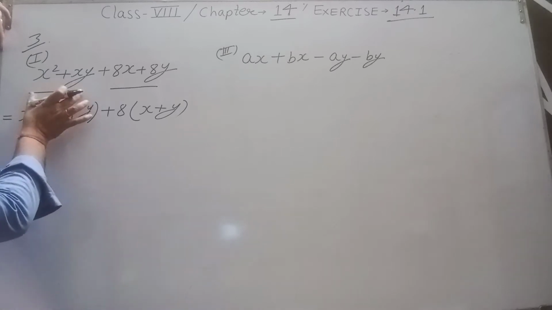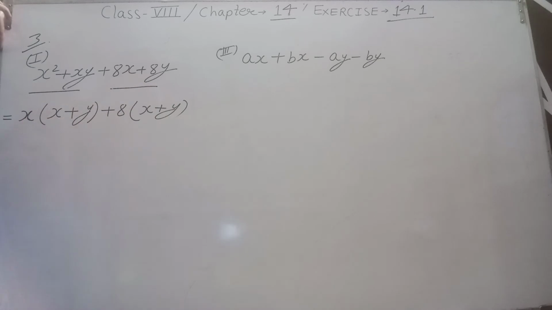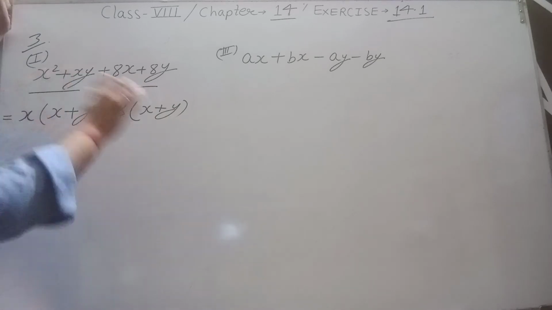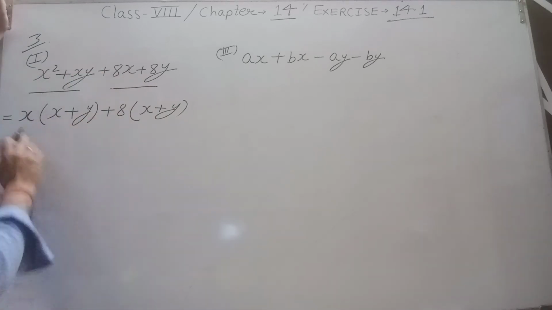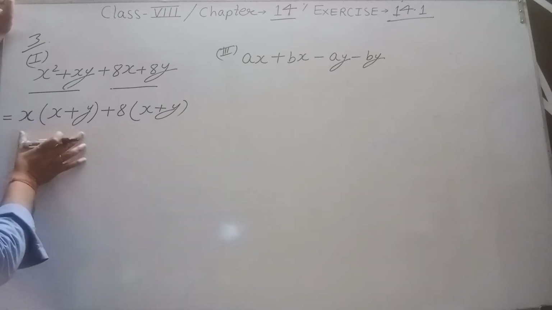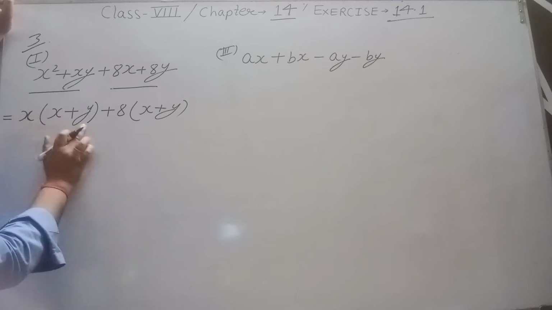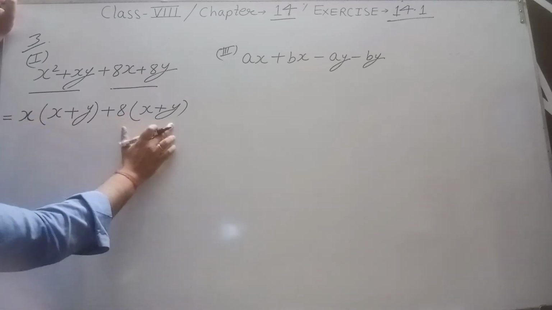Now we simplify this binomial and we simplify this binomial. Now the complete expression is a binomial because it is one term and it is also one term. And in this we observe x multiplied by x plus y, and 8 multiplied by x plus y.